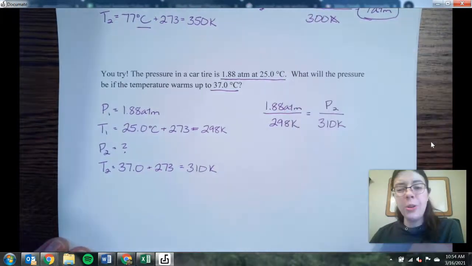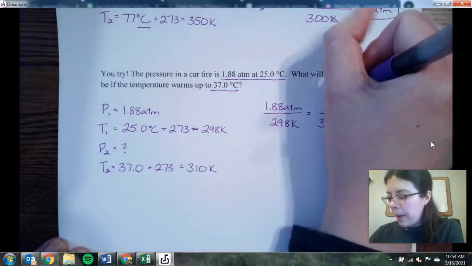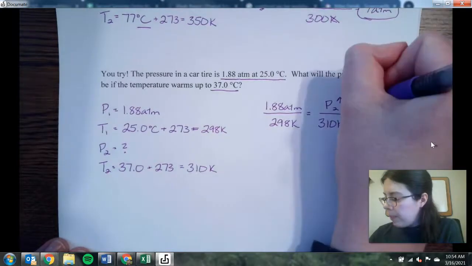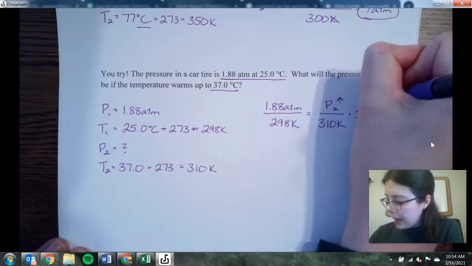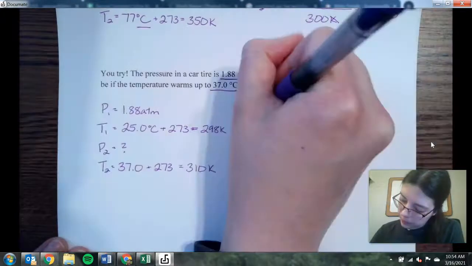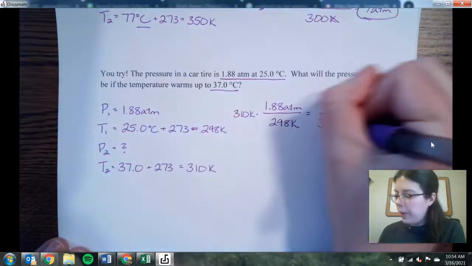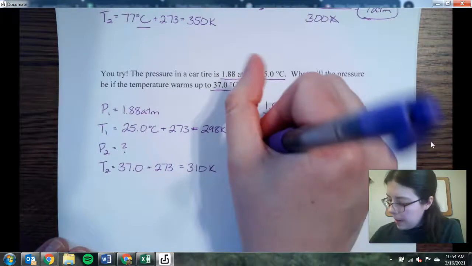So again, our temperature is increasing, so we would expect that our pressure will increase as well. So in order to get P2 by itself, I'm going to multiply both sides by 310 Kelvin. So I rewrite that.